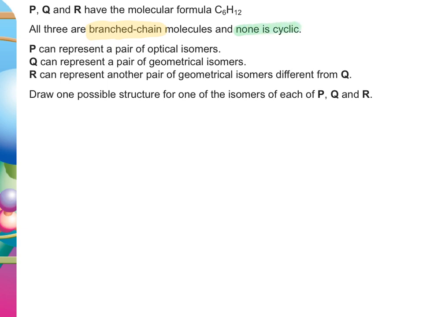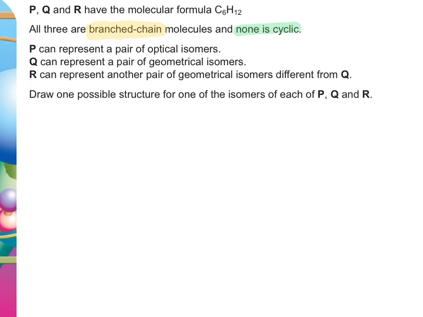So all of these follow the general formula CnH2n, which is the general formula for alkenes, although that's also a general formula for cycloalkanes. But we're told that none of them are cyclic, so we won't have any cycloalkanes. So we will definitely have a carbon-carbon double bond present in every one of our examples, including our optical isomers.